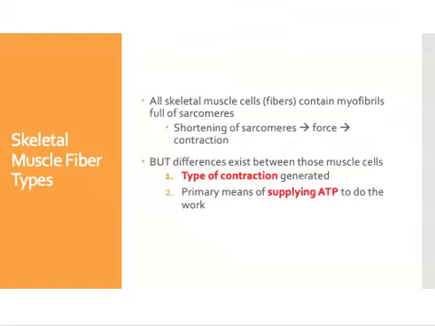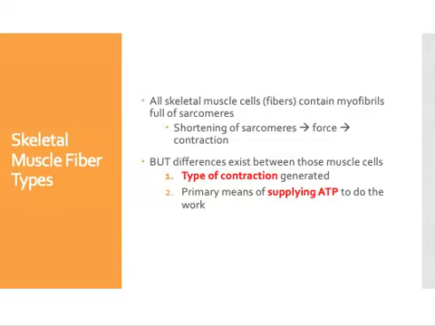All skeletal muscle fibers contain myofibrils, and those myofibrils are full of these sarcomeres. The sarcomeres are going to physically shorten during muscle contraction and generate the mechanical force of muscle contraction.